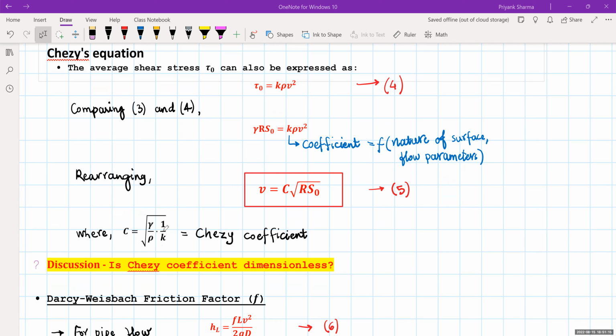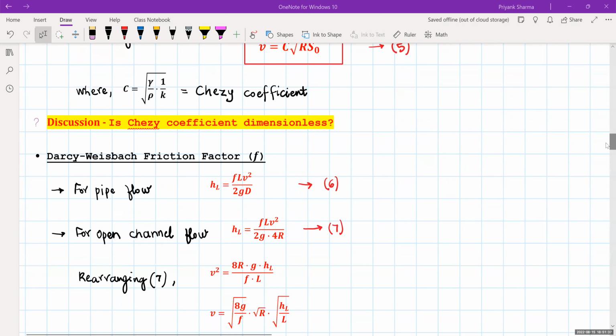Usually such coefficients are mostly dimensionless numbers. So the hint is, just do a dimensional analysis of this equation, and you will get the dimension of Chezy's coefficient, whether it's dimensionless or it has some dimensions.